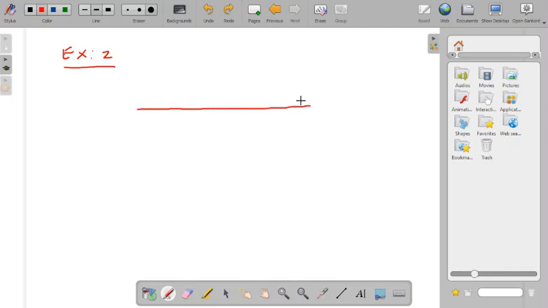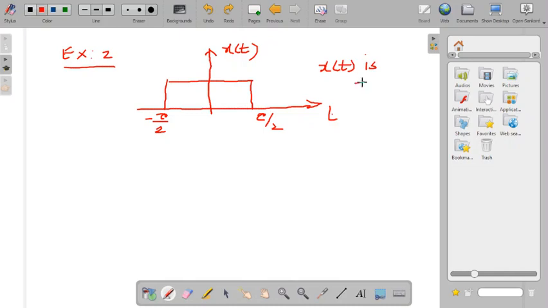So let's say this is my time base, and I have a signal, let's say like this, which starts from minus tau by 2 to, let's say, tau by 2, and this is what x t is given to us, and we have to check whether x t is energy or power. So we have to check this.